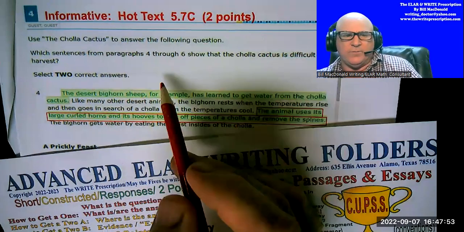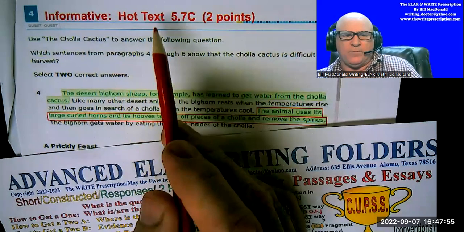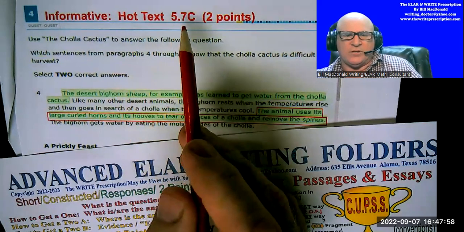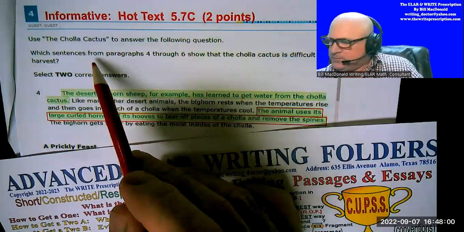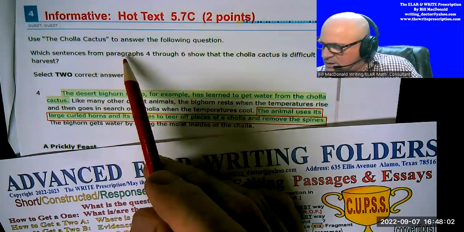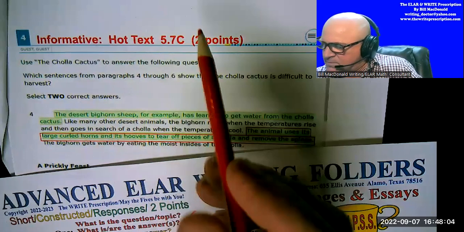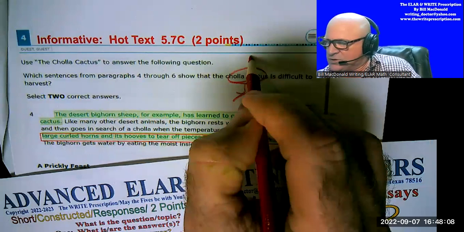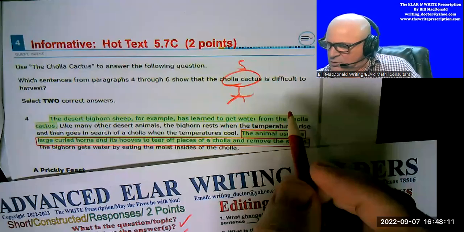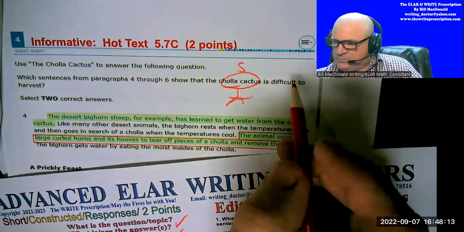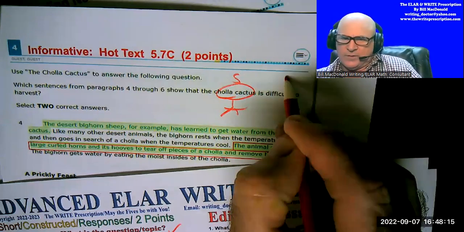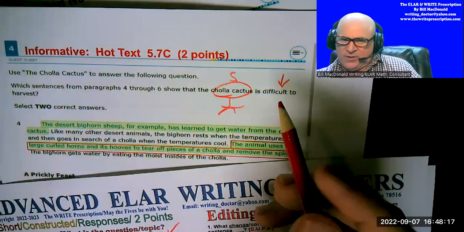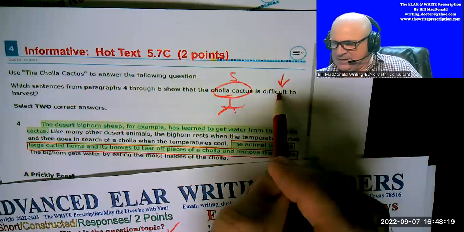5.7C, 2 points. Which sentences, plural, from paragraphs 4 through 6 show that the cactus is difficult to harvest? If I'm going to think of keywords, difficult has a negative connotation, so it's a negative opinion.